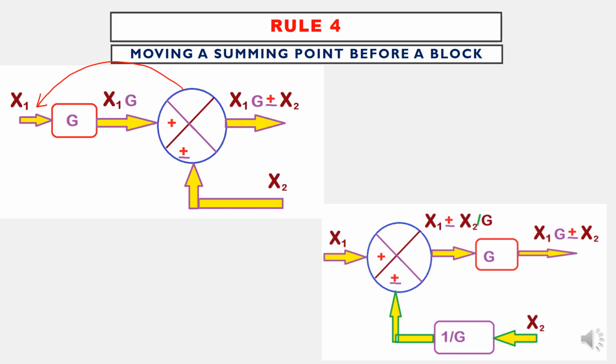So X1 into G plus or minus X2. This is the resultant value. Here this is X1 plus or minus X2 by G. Now the total value is multiplied with the block G. So X1 into G plus or minus X2. So both the resultant values are correct.